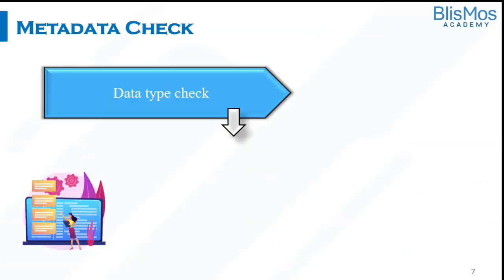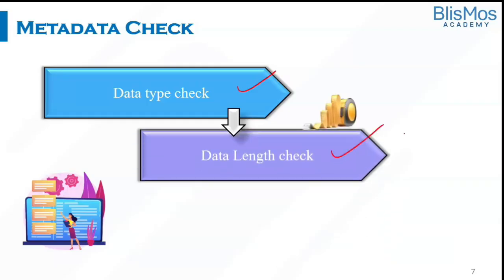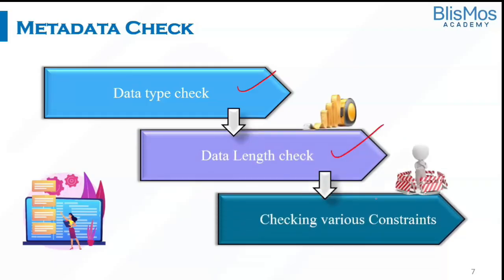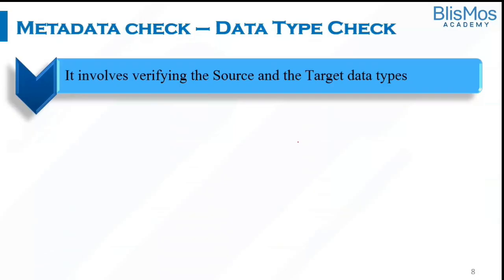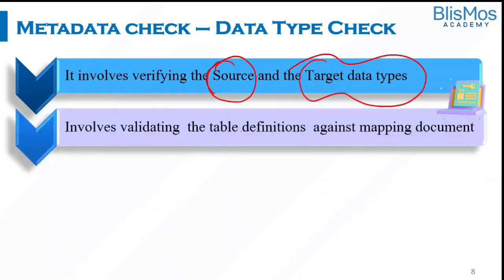At a high level, metadata check is done in 3 steps. One is data type check, the second one is data length check, and the third one is constraint check. What is data type check? As the name suggests, the data type check involves verifying the source and target data types, and also the table definitions.